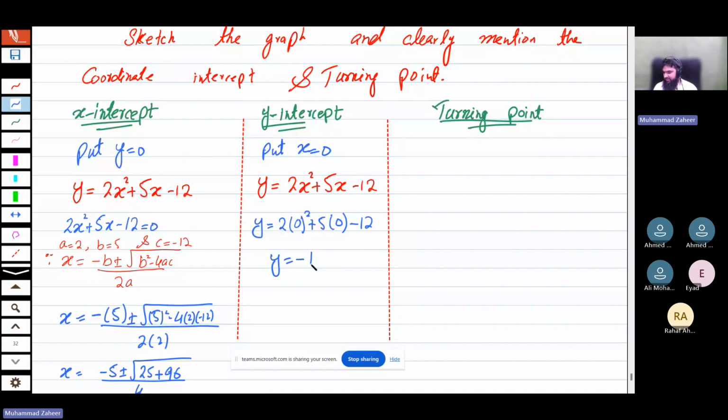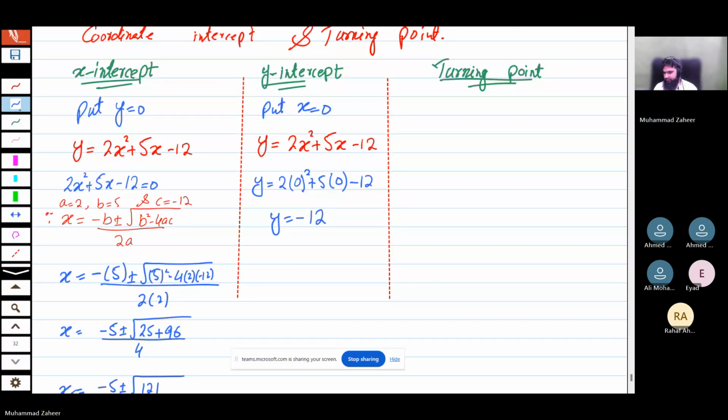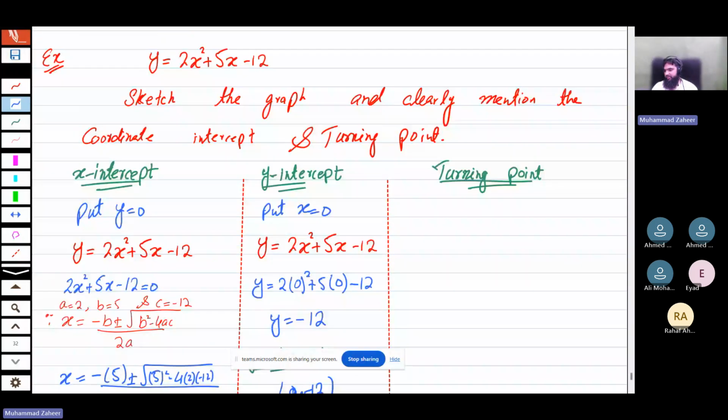So the y-intercept would be 0, minus 12.